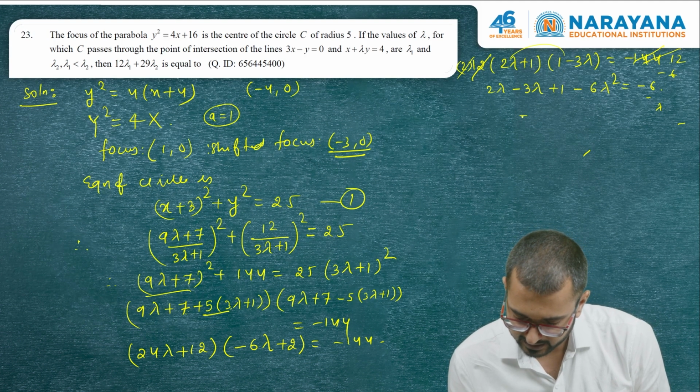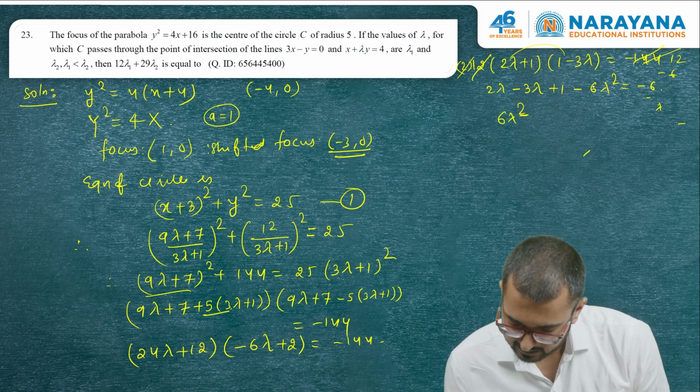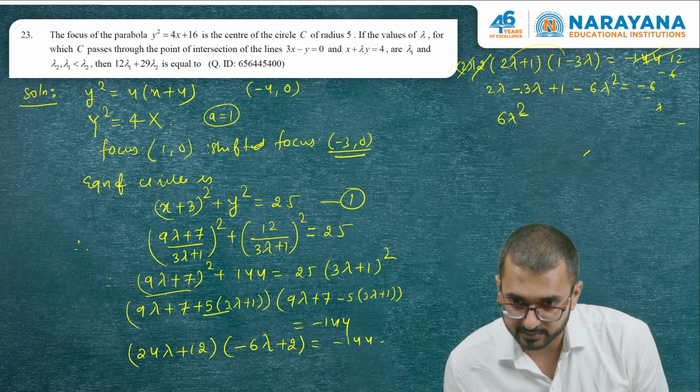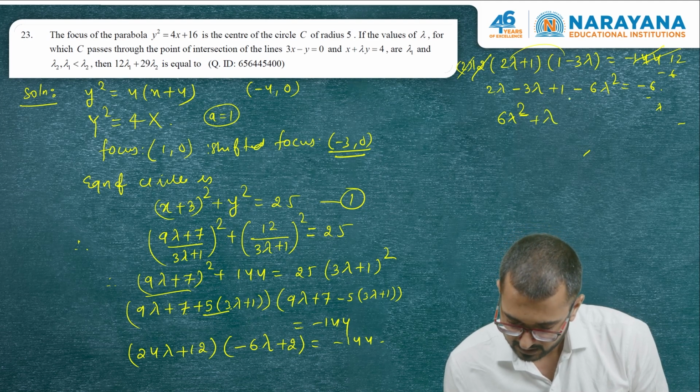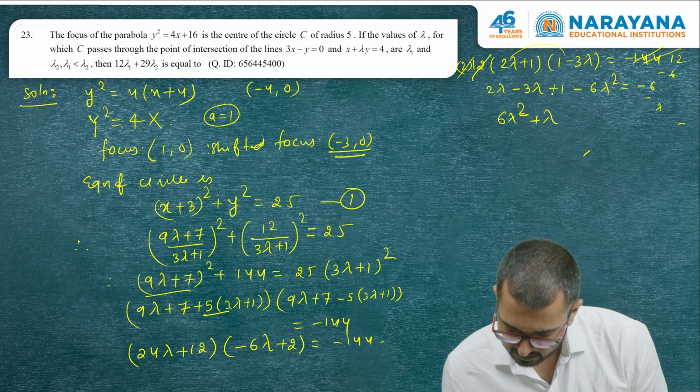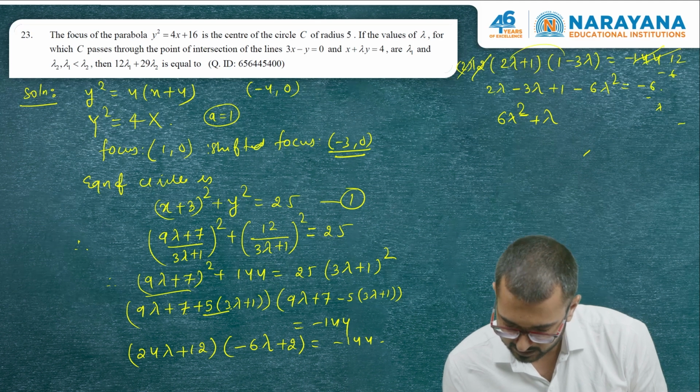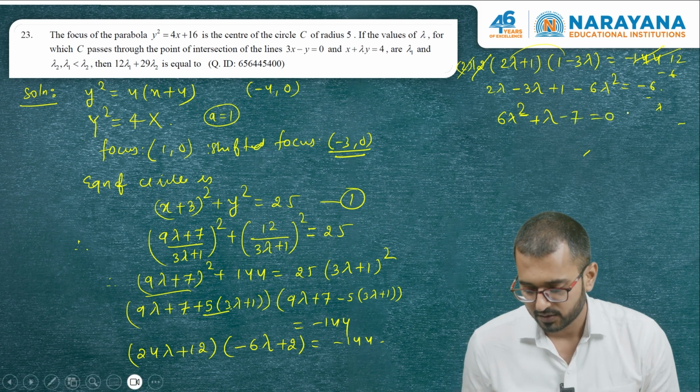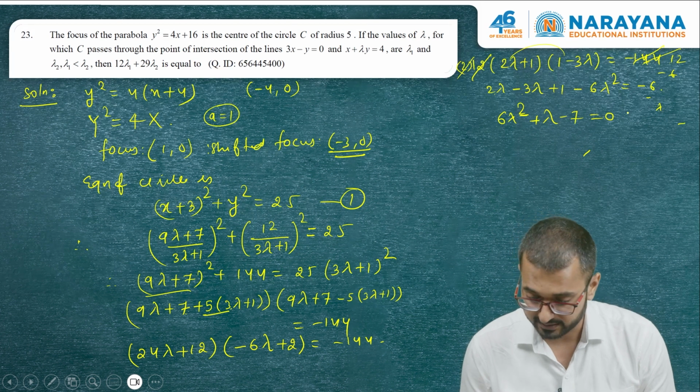Take everything to that side, so this will give me 6 lambda square, and then 2 minus 3 is minus lambda, taken to that side, plus lambda, and then minus 7 is equal to 0. So we have got 6 lambda square plus lambda minus 7 is 0.